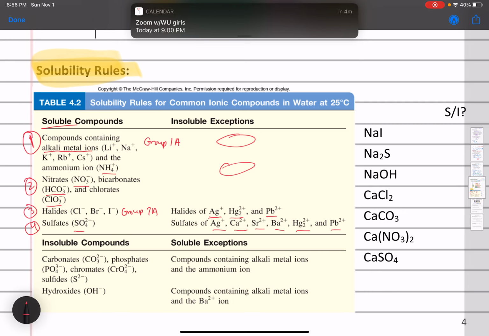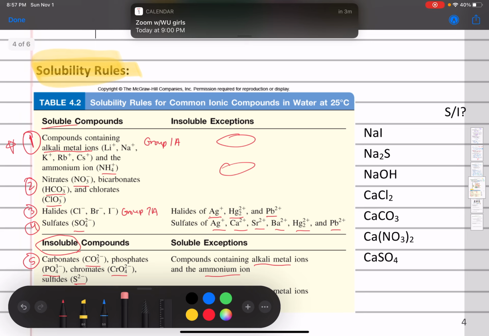And then rule 5 here, now we're talking about ones that are almost always insoluble. So carbonates, phosphates, chromates, and sulfides are nearly always insoluble. The exceptions are anything that has an alkali metal or an ammonium ion, because those are, by rule 1, always soluble.